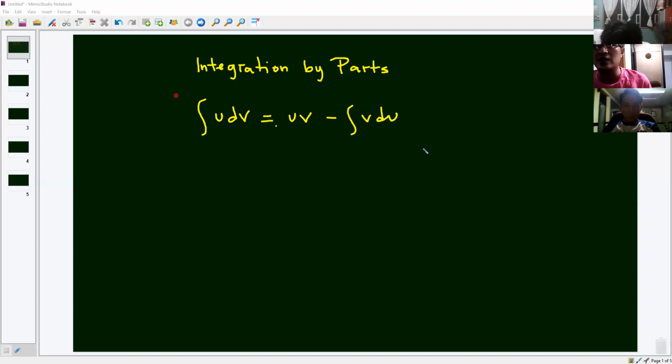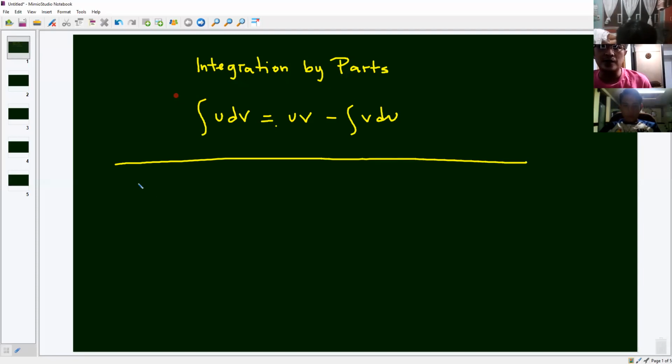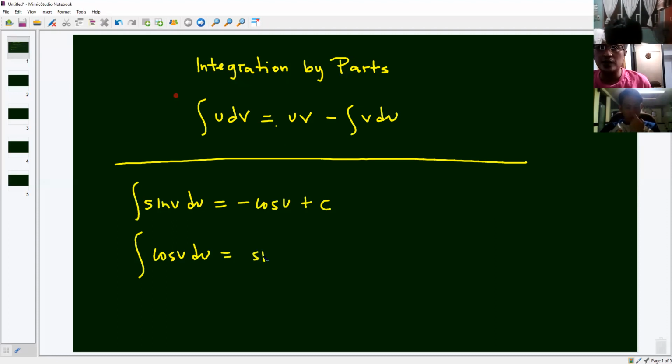Unang-una, saan galing tong formula na to? Saan ba galing ang mga formulas? Like for example, the integral of sin u du equals negative cos u plus c. This is an integrable form. Then integral of cos u du equals sin u plus c.